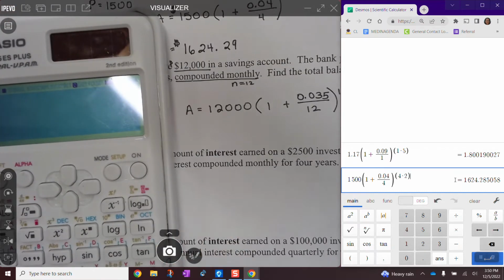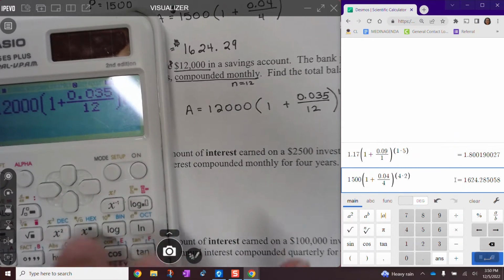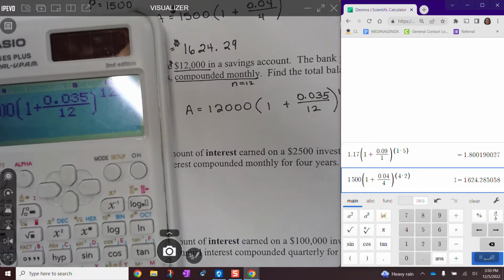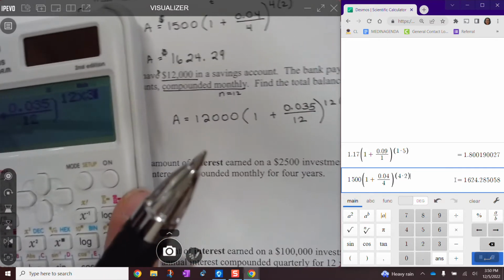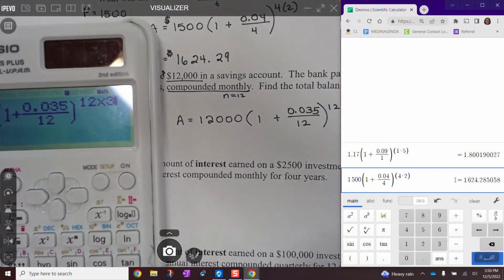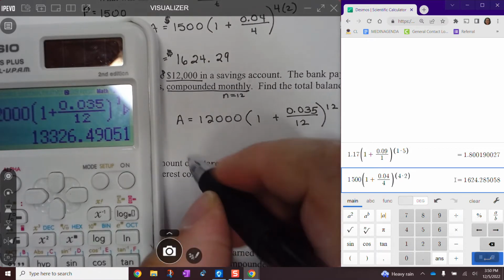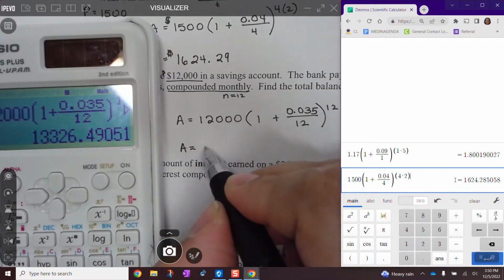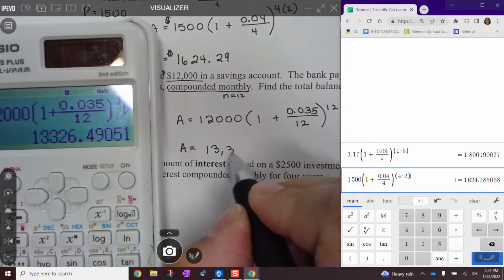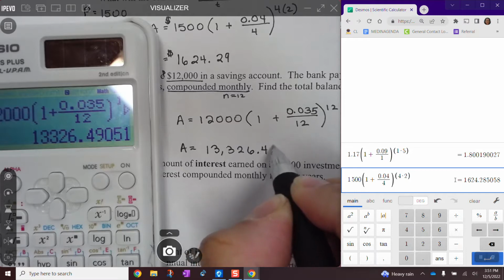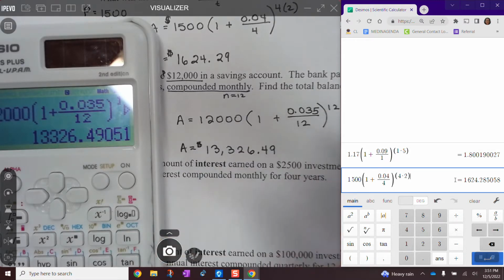So it would be 12,000, 1 plus. See, my calculator holds the exponent in the numerator, so I don't need parentheses, but we need parentheses in Desmos. So this new balance is 13,326.49. It's pretty good. Made about $1,300.